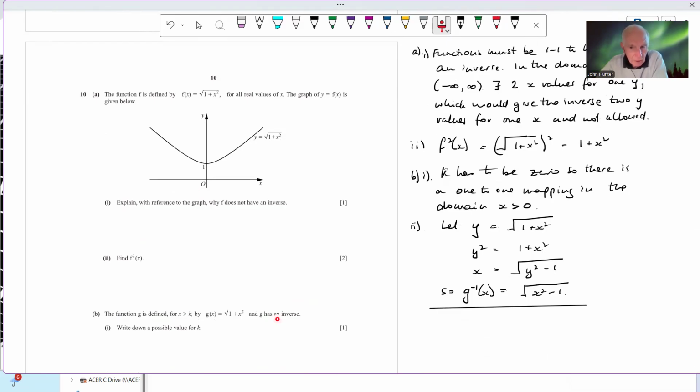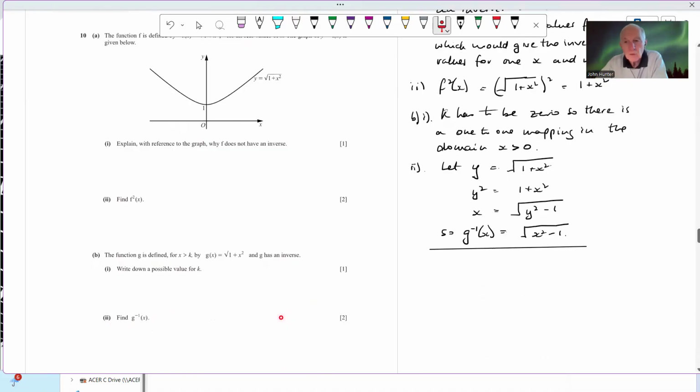Right, and the last part says find the inverse of g. Now, in order to do this, in general, what we do is we change the subject of the formula, and that is really what we're doing when we're doing an inverse.